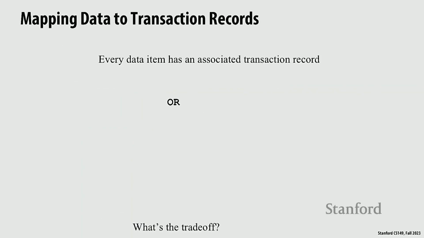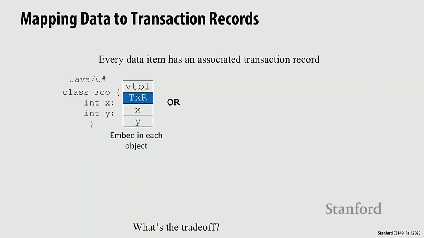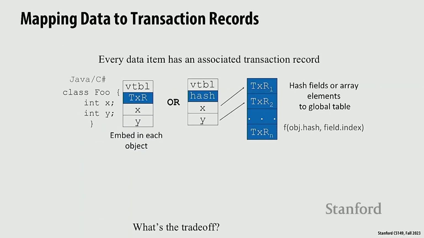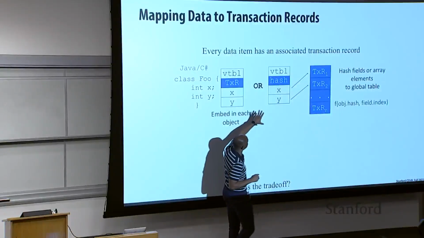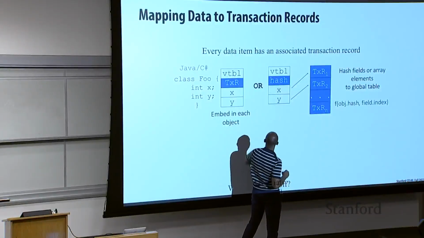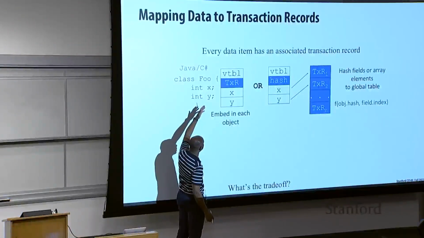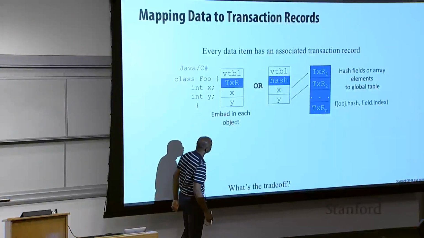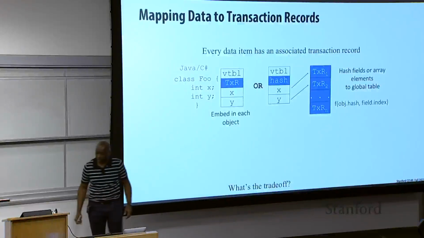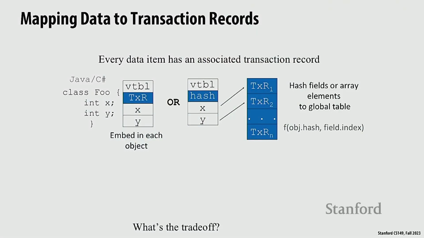And so you can do this in two ways. You can do it per object, where each object has a transaction record, and this is shown at the top. You can either use some sort of table associated with the object, or you have some hash into a global data table.